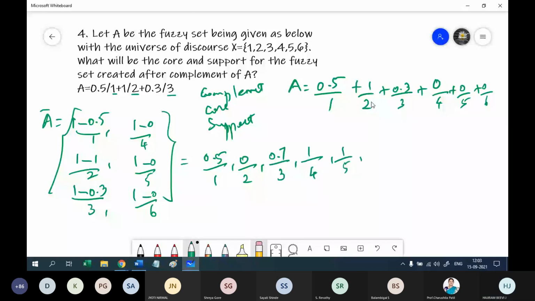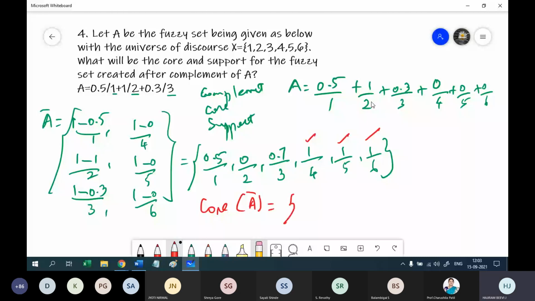So here we have to find the core value. What is the definition for core? The membership value equal to 1 is core. Here the membership value is 1, 1, 1.